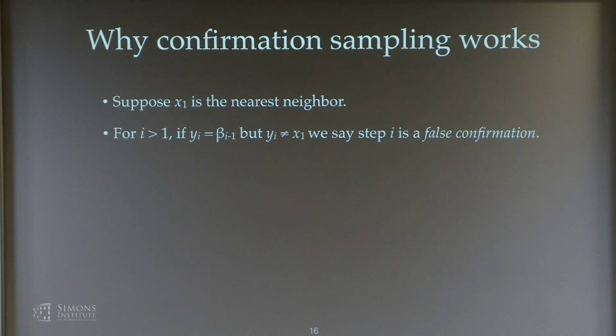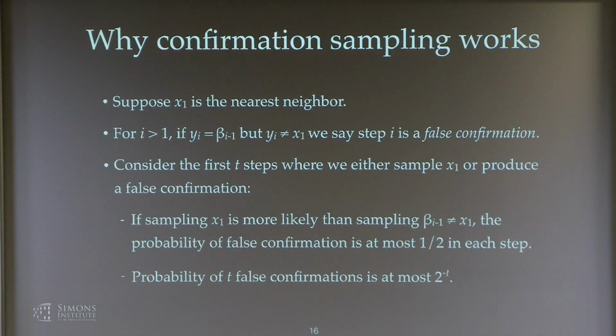These are the only things we care about. So let's consider the first t steps where we either sample the nearest neighbor or produce a false confirmation. So this is the gist of the idea. It needs a little bit more work to be made completely formal.